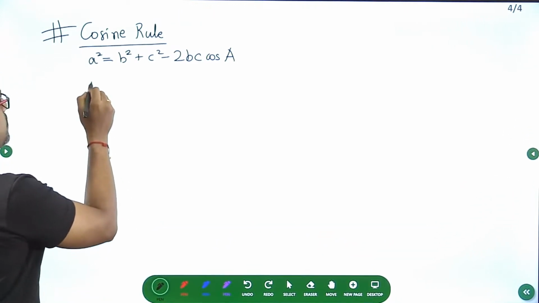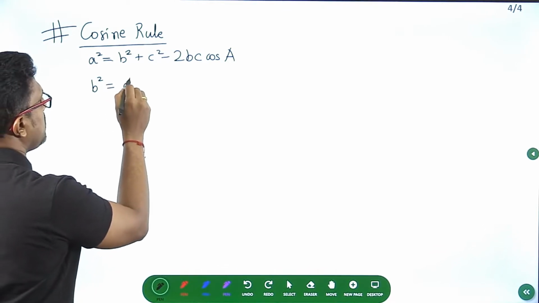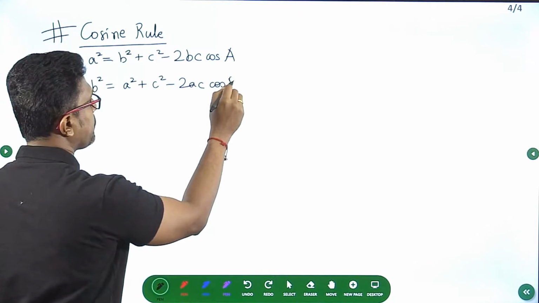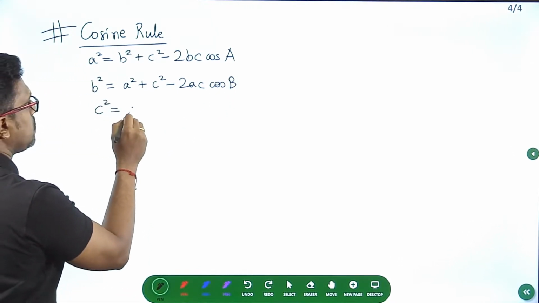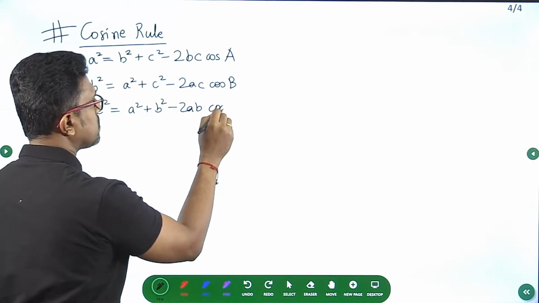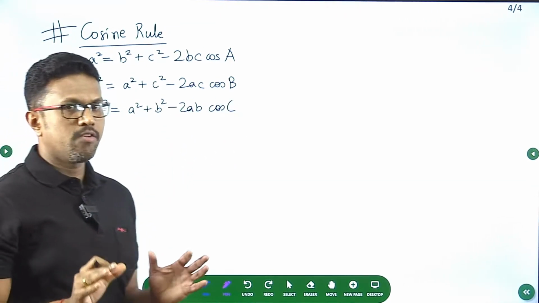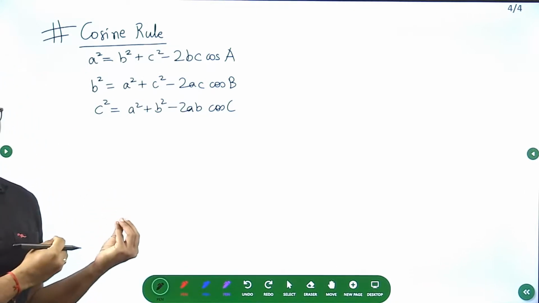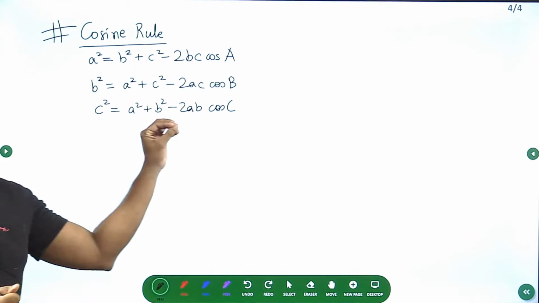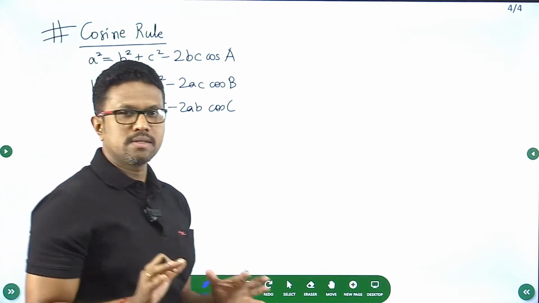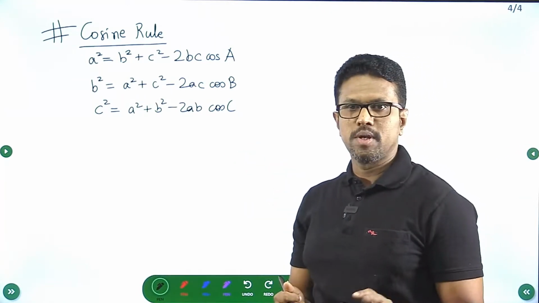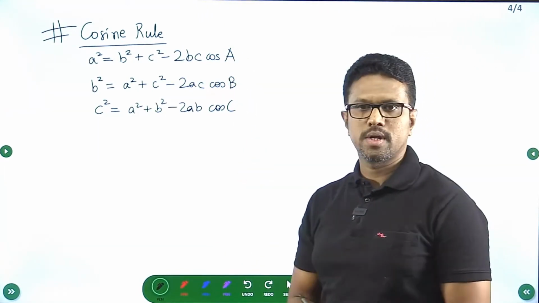Same way, if I am writing for b square, it will be a square plus c square minus 2ac cos b, and c square will be equal to a square plus b square minus 2ab cos c. तो लास्ट टाइम मैंने आपको बताया था कि ये फॉर्मुलास आपको कैसे याद रखना चाहिए. सो इफ वी हैव a स्क्वायर, सिर्फ cos a होगा, बाकी के सब टर्म्स b और c होते हैं. Same way b square के लिए भी and c square के लिए भी. Okay, so these are some of the, I mean like this we have discussed in the previous lecture, so you might be recalling this. So a square, b square, c square का part.